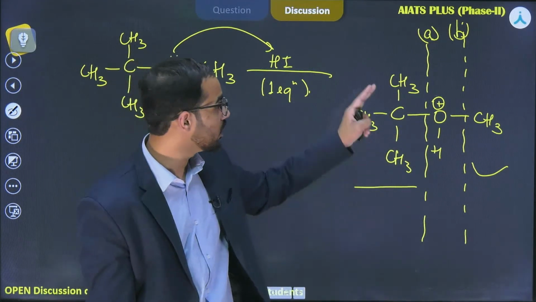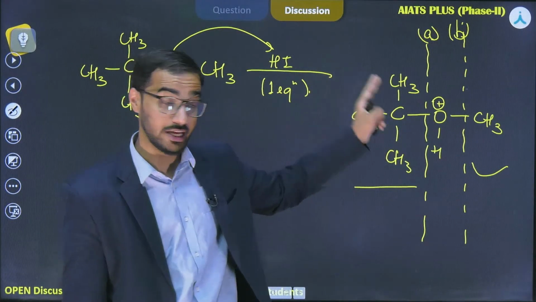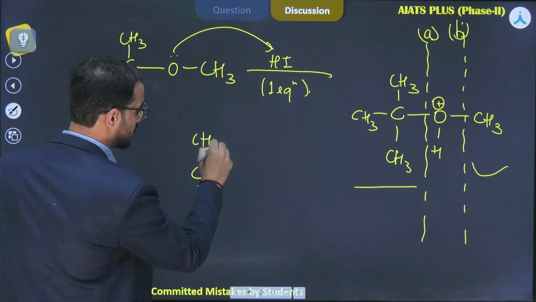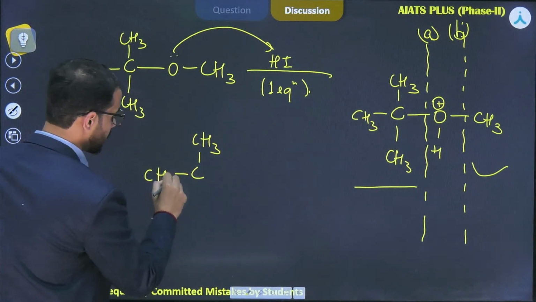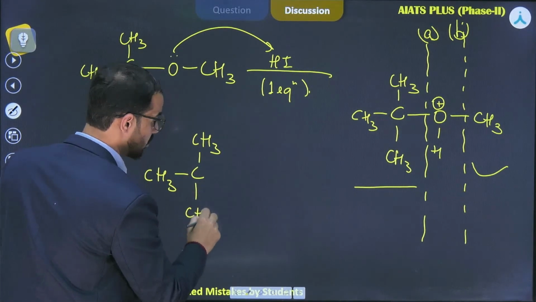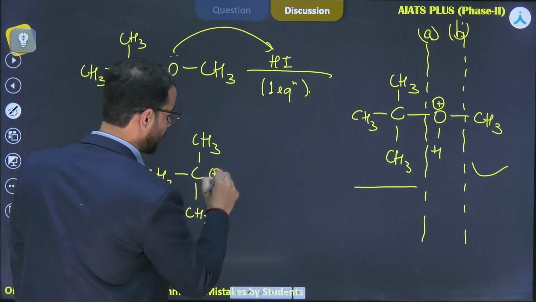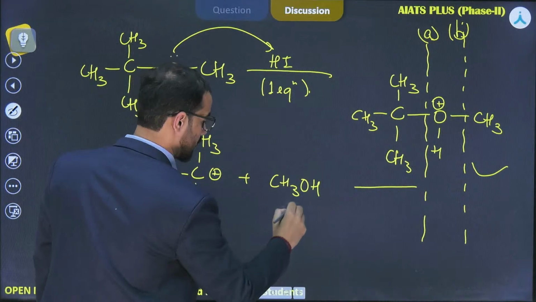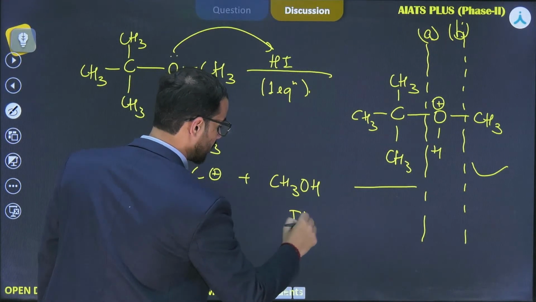So only the breaking from position A will occur, and you will have CH3, CH3, CH3 positive, and CH3OH is one of the products.